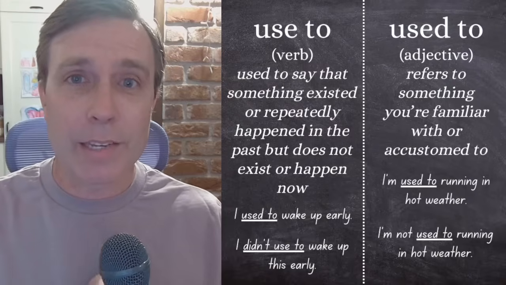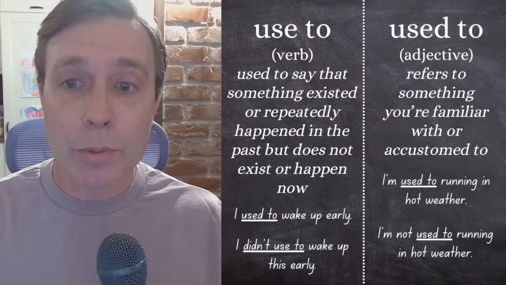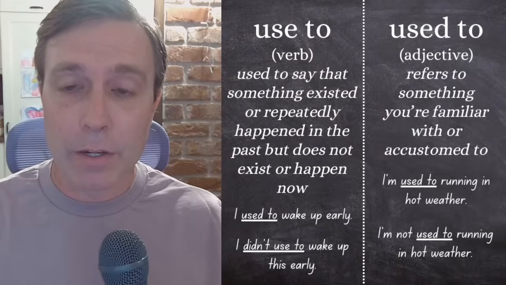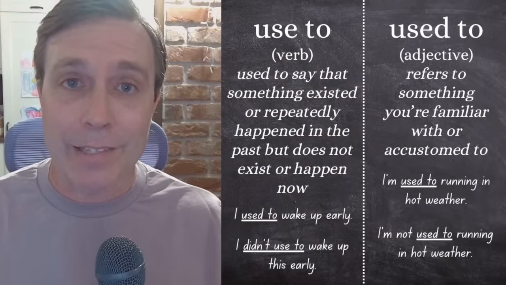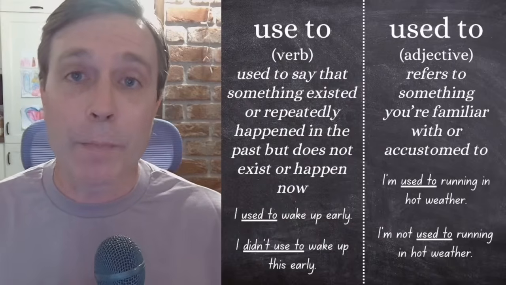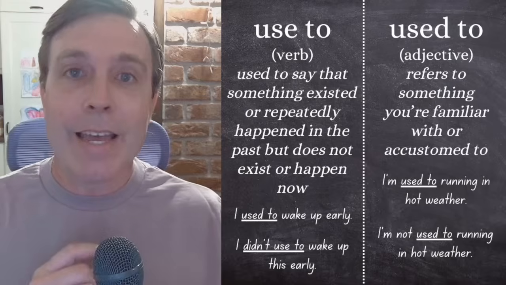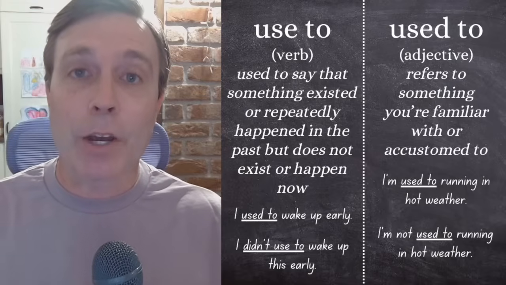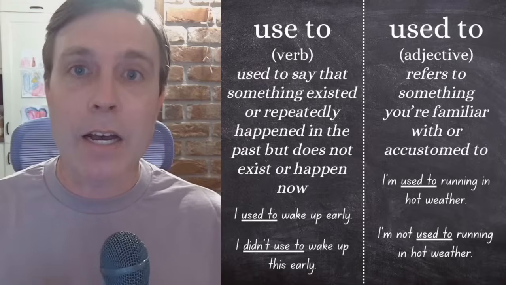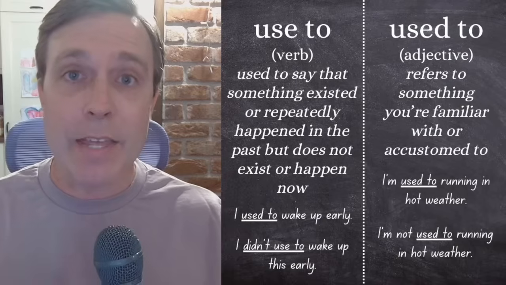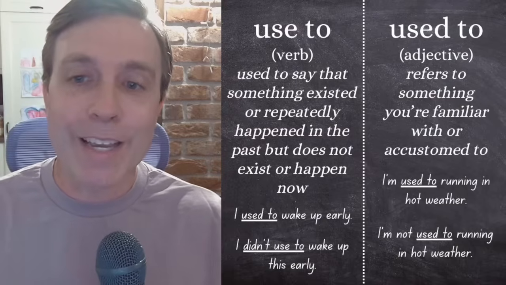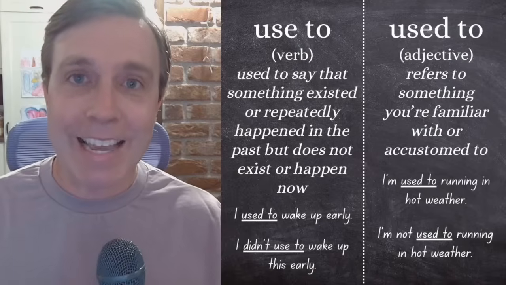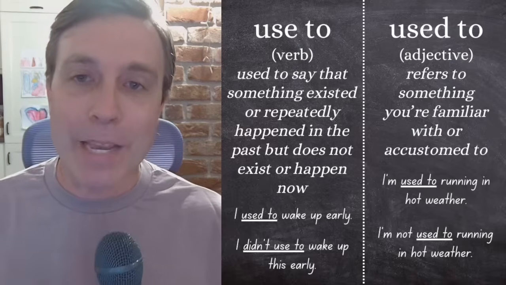Look at these sentences right down here. I used to wake up early. Okay, I used to do this thing in the past. So often you're going to use this verb in the past. In this case, because I'm talking about the negative and the conjugation is with did, that is my past. I did not used to wake up this early. And in this case, I'm just using the base verb.